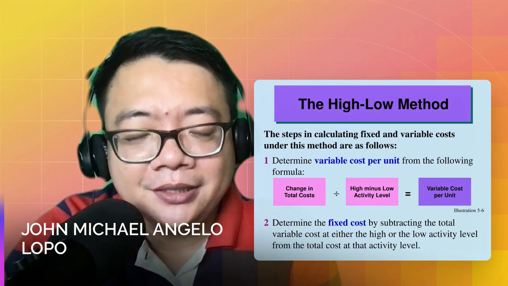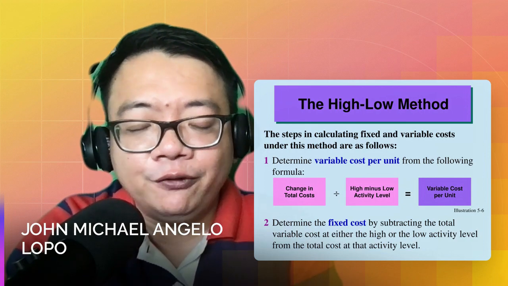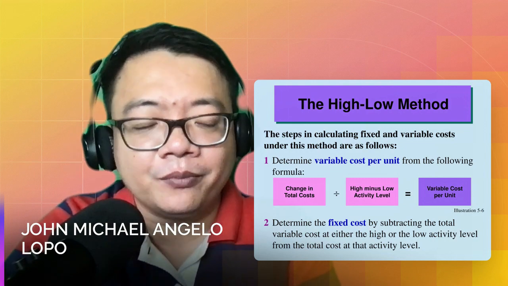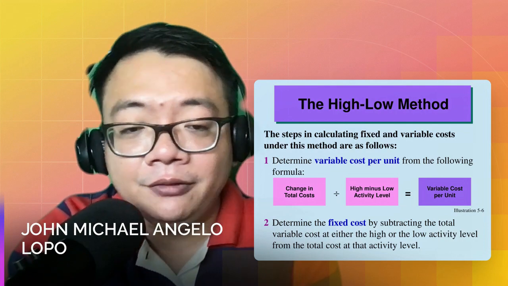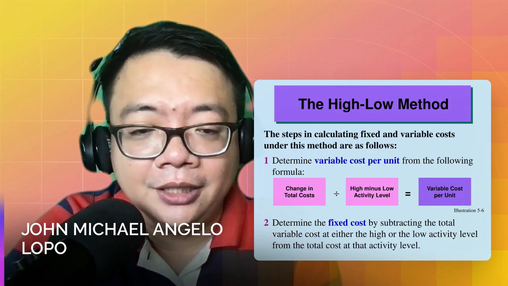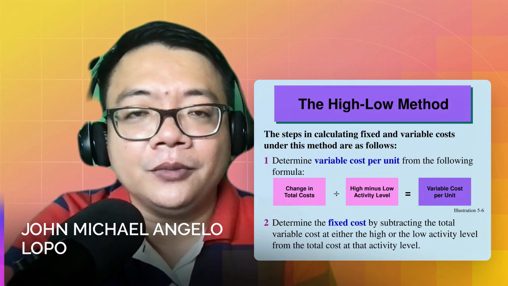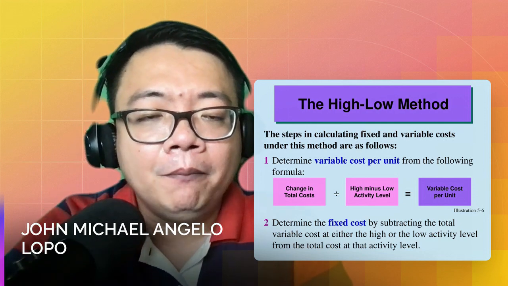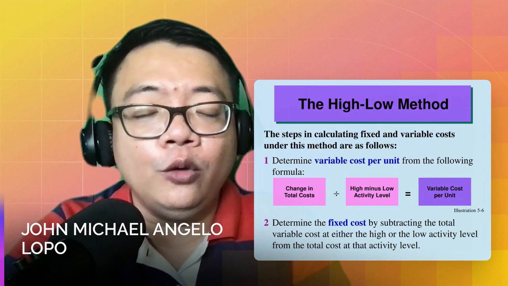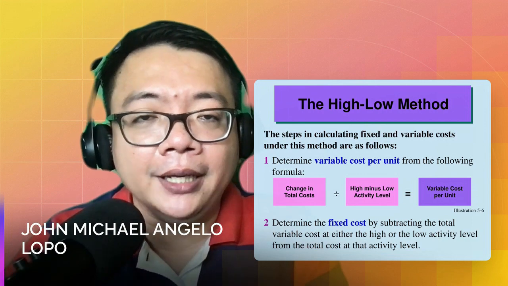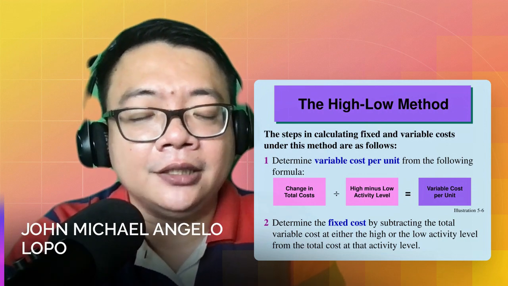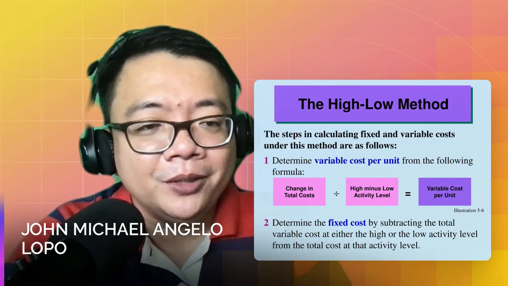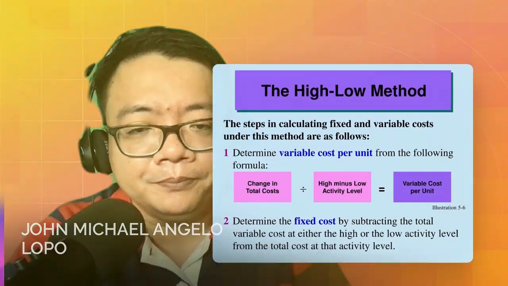Some students use highest cost minus lowest cost divided by highest activity minus lowest activity. What is the correct term? It should be the cost of the highest activity minus the cost of the lowest activity, divided by the highest activity minus the lowest activity. We'll give an example. Why is that the formula?